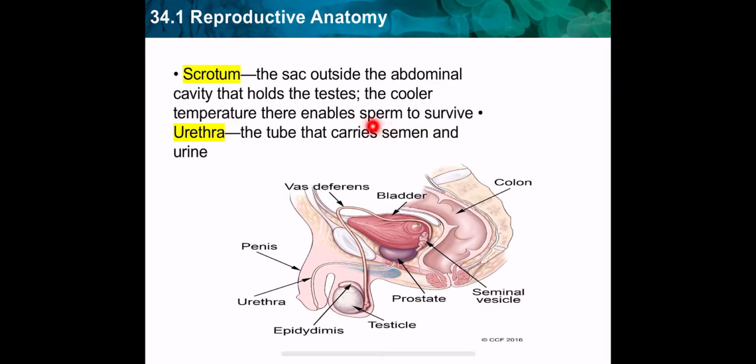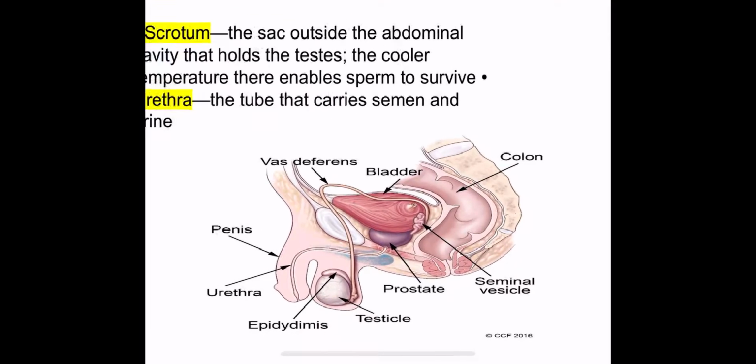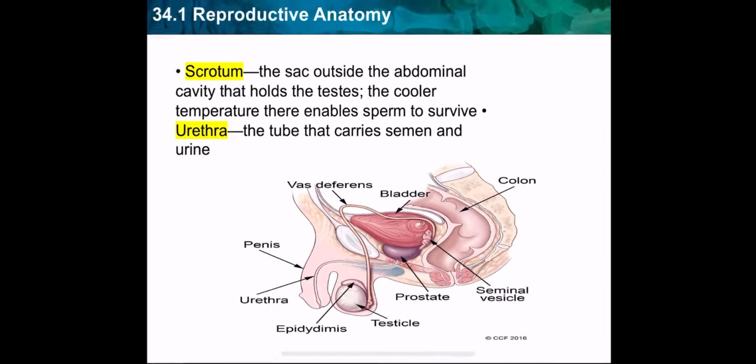That's why the testicles should be outside the body. They are held in the scrotum to make sure that the temperature is good for the sperms to survive. Finally, this tube, the urethra, carries semen and urine.